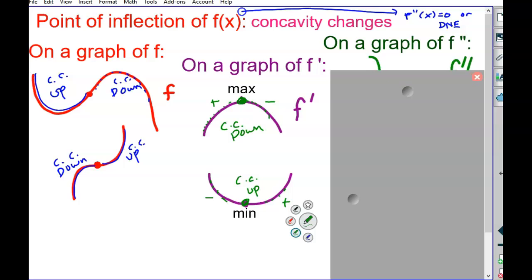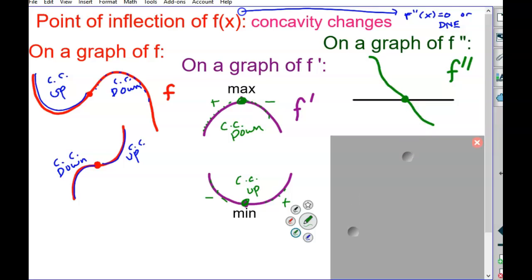So, the true connection is if we look at f double prime. If f double prime goes from positive to negative, you know that this part of the graph leading up to it is concave up, because the second derivative is greater than 0, it's positive.